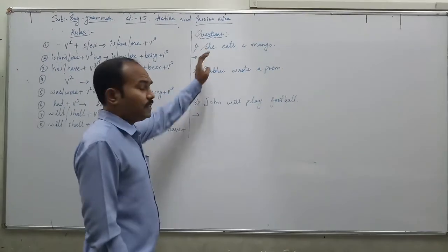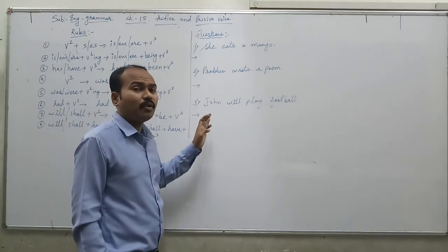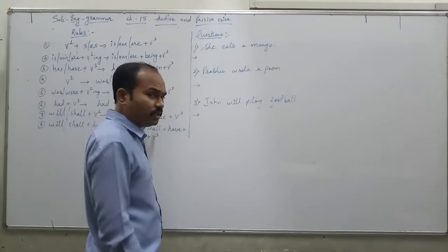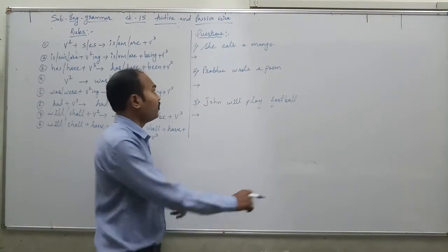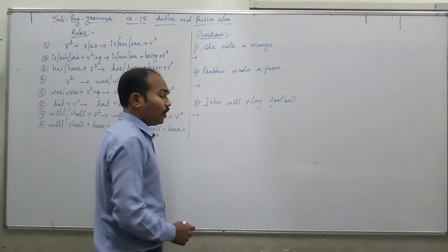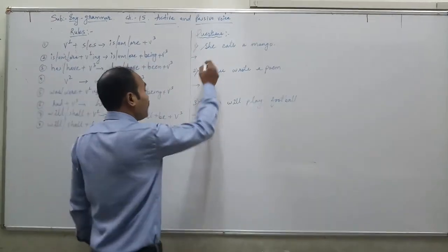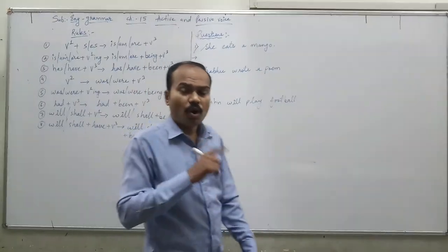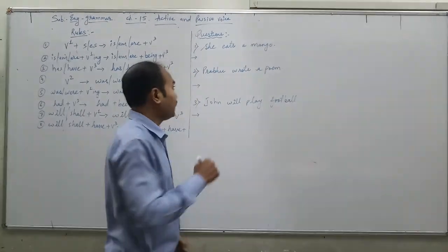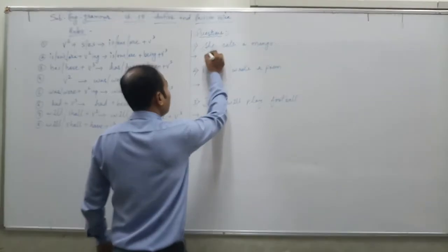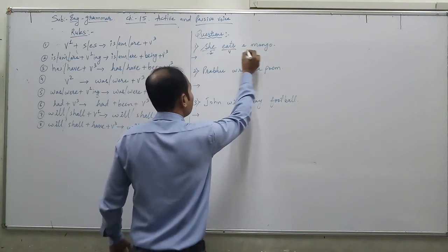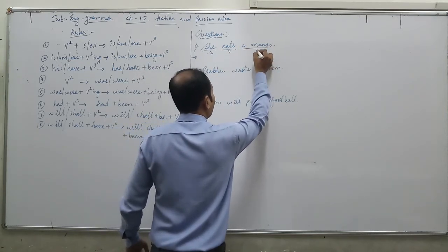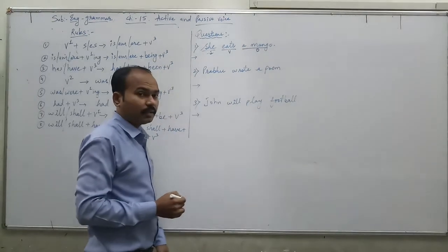Now, how to change a sentence from active voice to passive voice? We have seen the rules. Now we will do these 3 questions one by one. First of all, you have to identify subject, verb, object in the given sentence. Here, she is the subject, eats is the verb, a mango is the object.